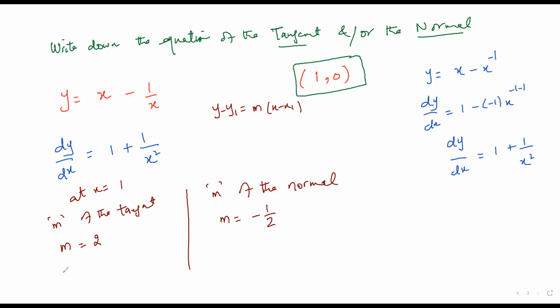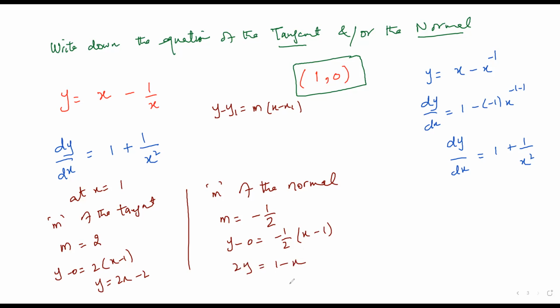So here this is going to be y minus 0 is equal to 2 into x minus 1. So this is simply y is equal to 2x minus 2. And here this would be y minus 0 is minus half into x minus 1. So this is 2y is equal to 1 minus x. That is the equation of the normal.